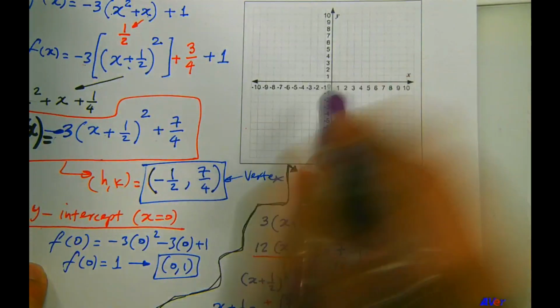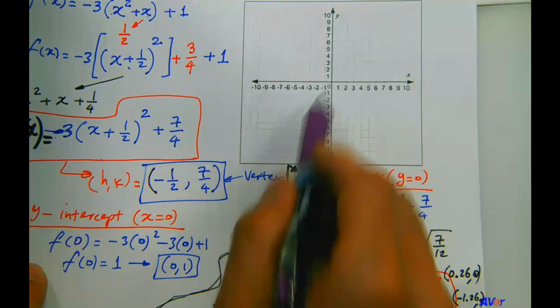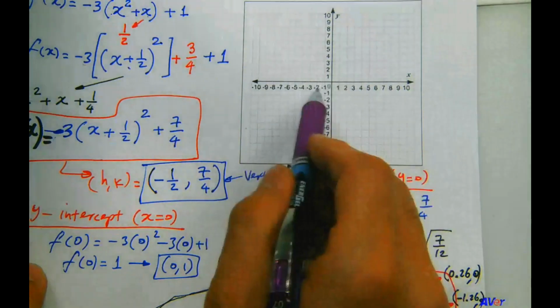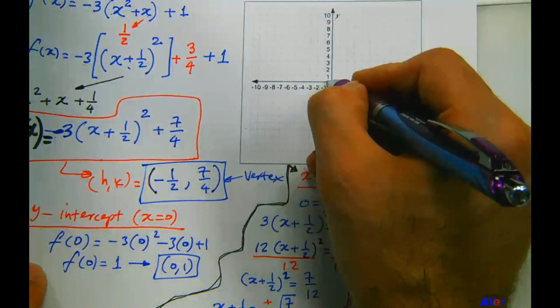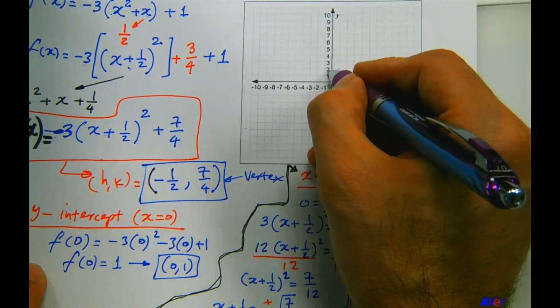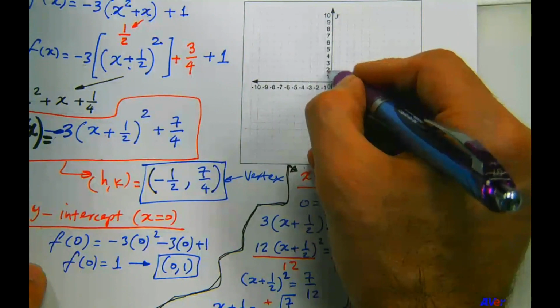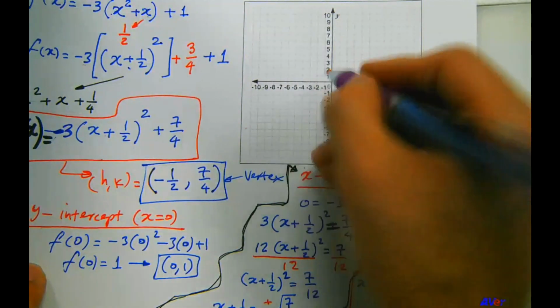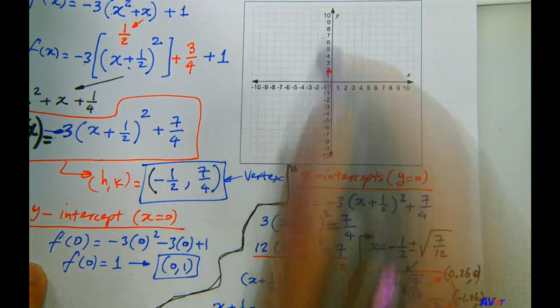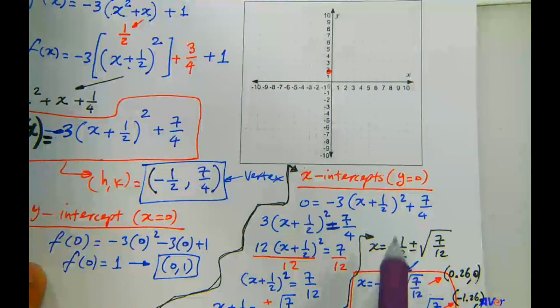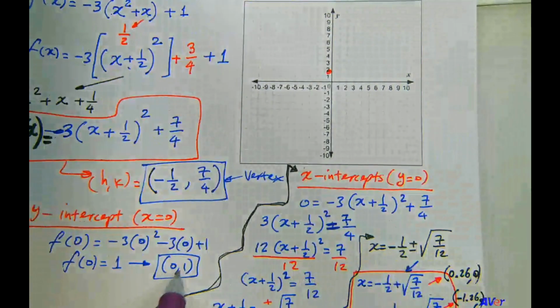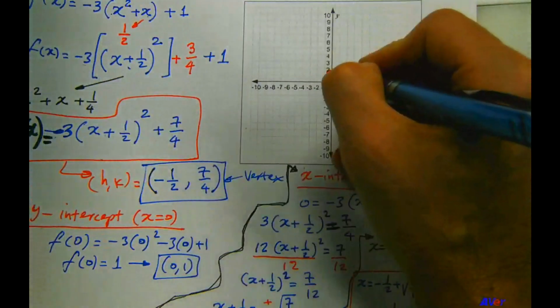The increments on this axis are too small, so minus 0.5 would be somewhere here, and then 7/4 would be 1.75. So it would be right here, somewhere here. Okay, that's the vertex. Then the y-intercept was at 0, 1. So right there.